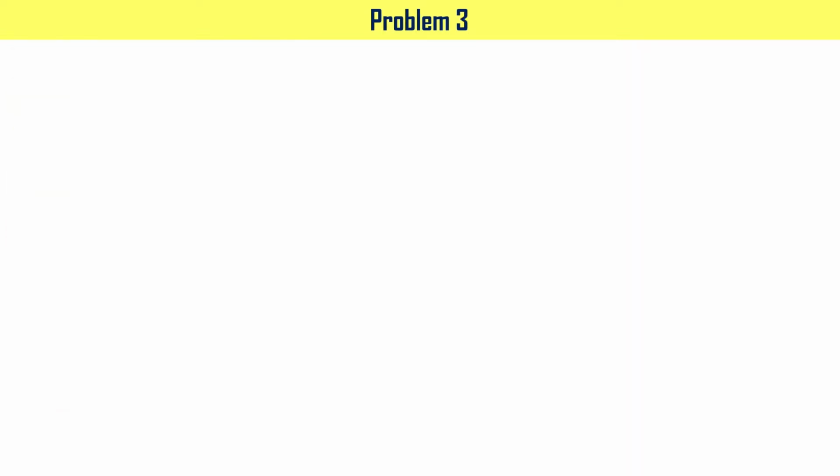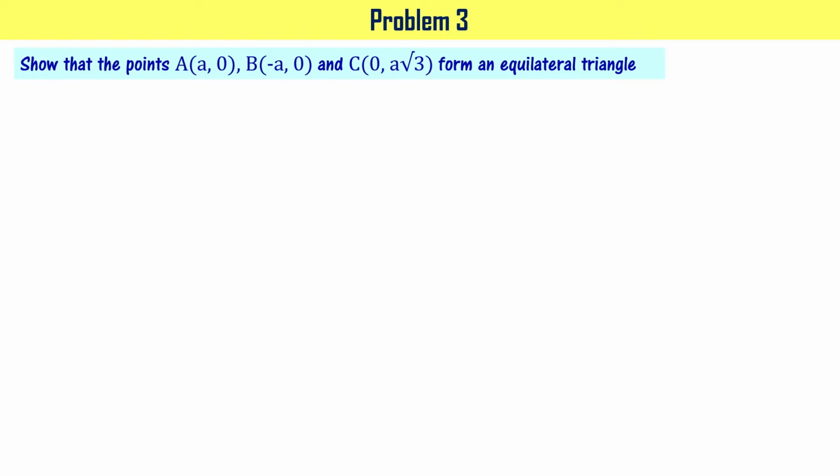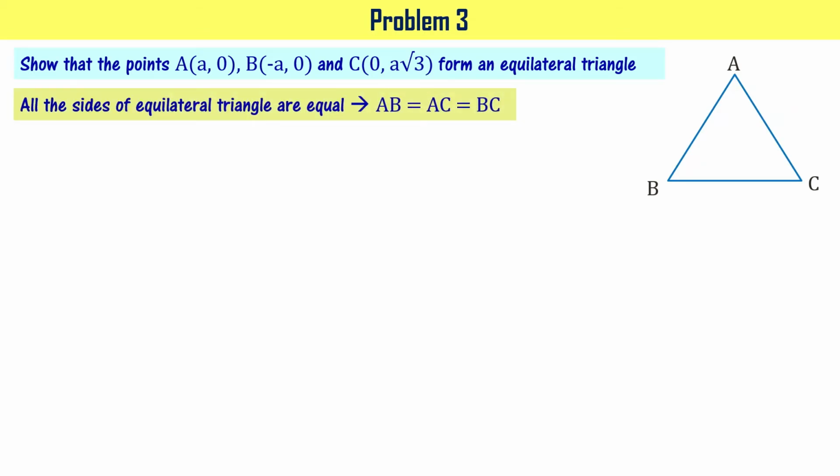The next problem is: show that the points A, that is (a, 0), and B, that is (−a, 0), and C, that is (0, a√3), form an equilateral triangle. If you draw an equilateral triangle, all the sides are equal.